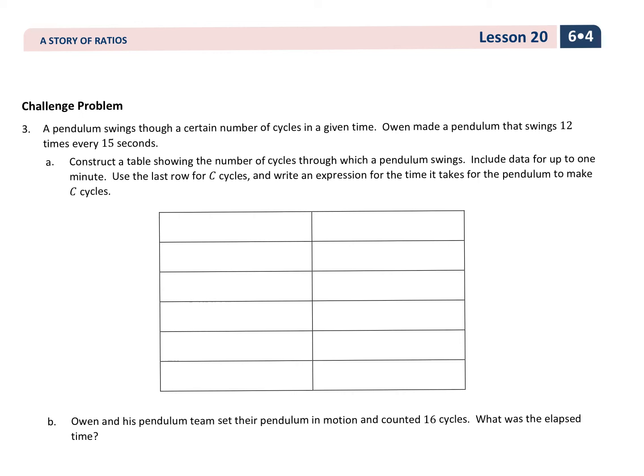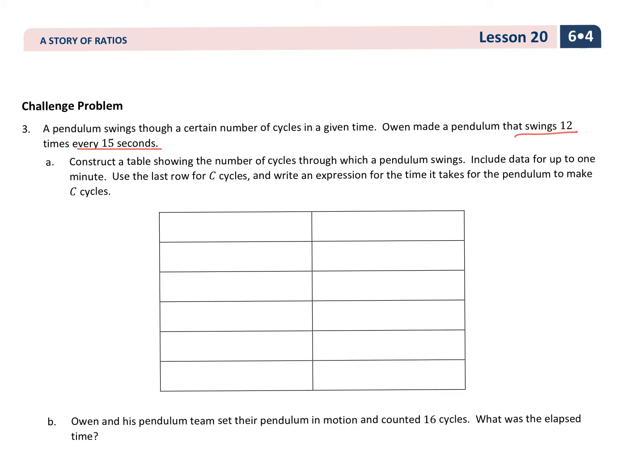And then it wants to construct a table showing the number of cycles through which the pendulum swings. Include data for up to 1 minute. Use the last row C for cycles and write an expression for the time it takes for the pendulum to make C cycles. So the two things here that we're worrying about are the swings and the seconds.